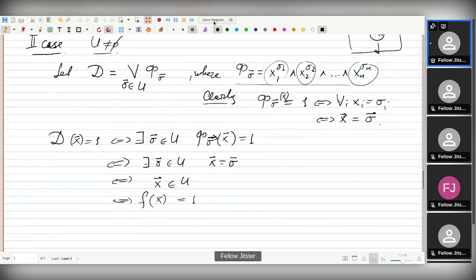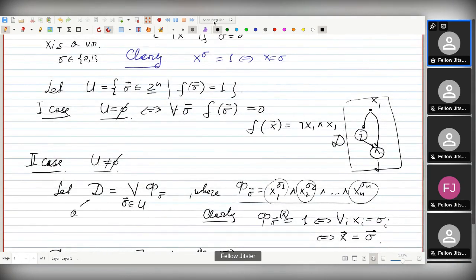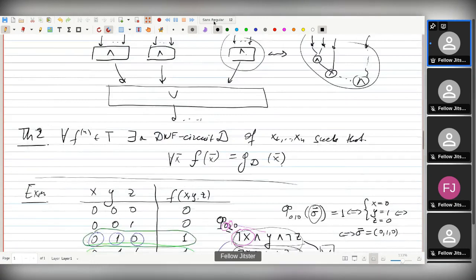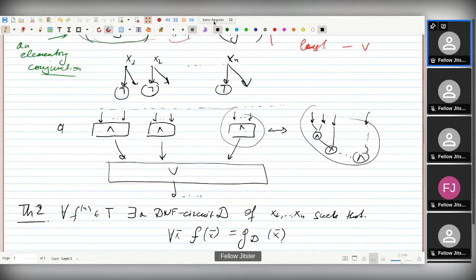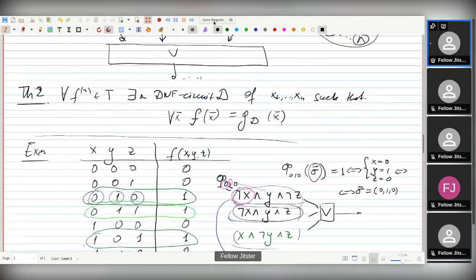So this circuit D, it is of course a circuit, a DNF, because first we negate some variables, then group everything with conjunctions into our phi sigma, and then take a disjunction of all the resulting values.